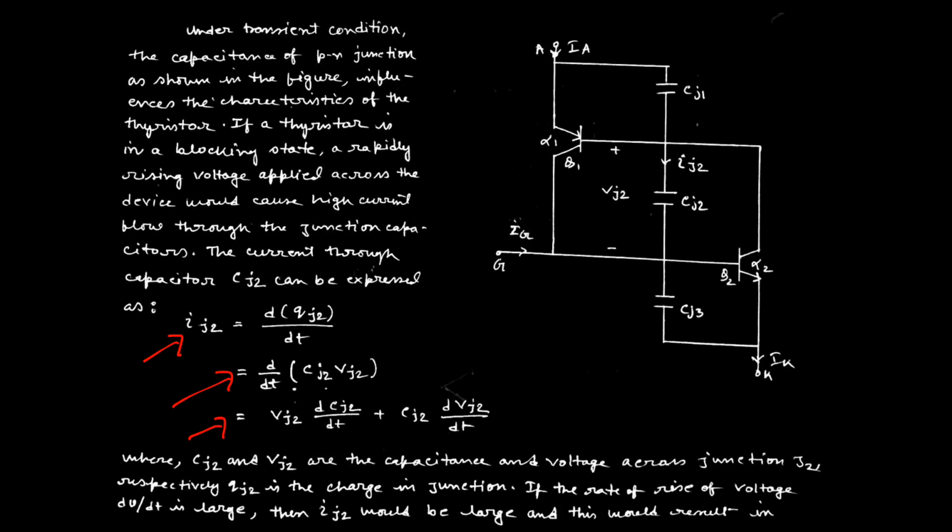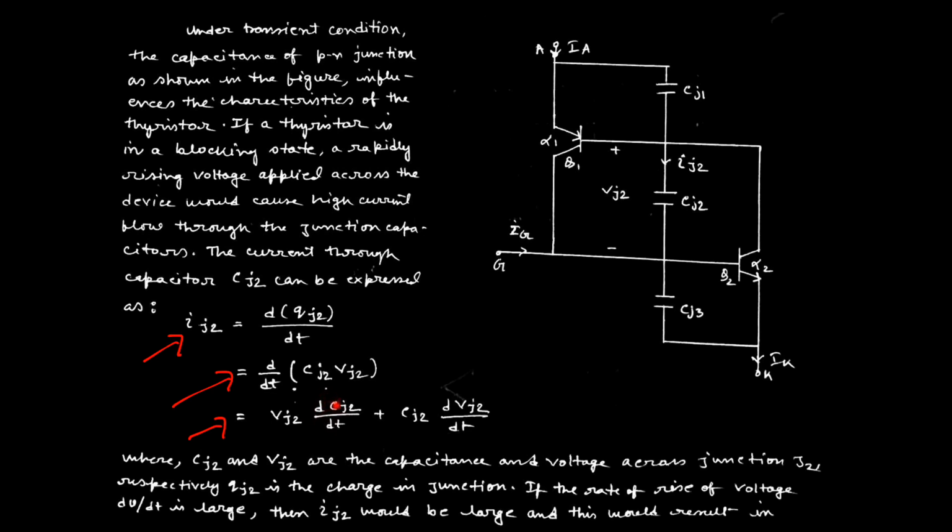dCj2 by dt plus Cj2 dVj2 by dt. See the expression very carefully, in which the junction capacitance is always constant. Actually, it depends on the doping concentration of the layers, and is normally specified by the manufacturer.